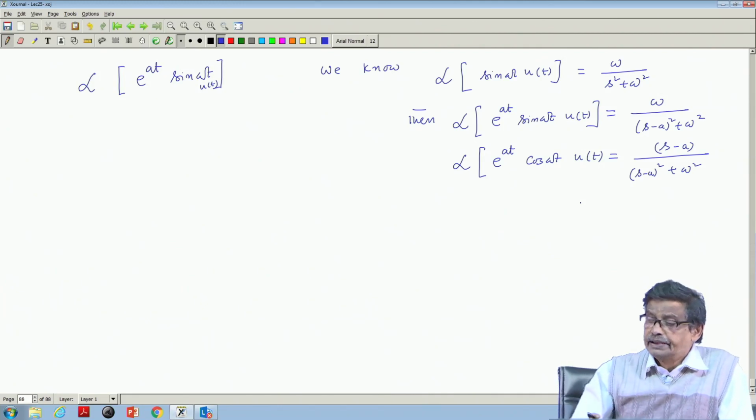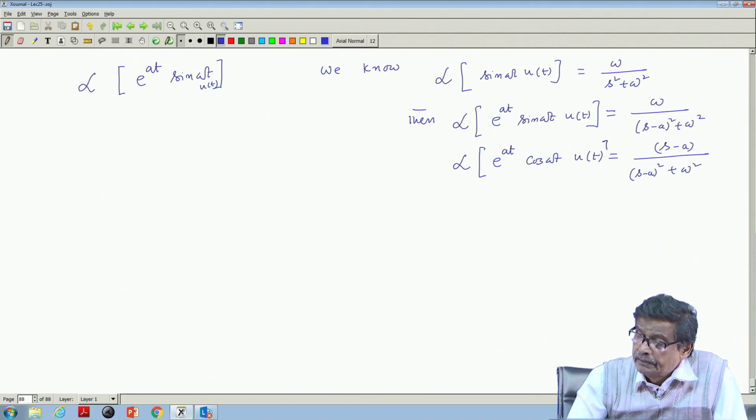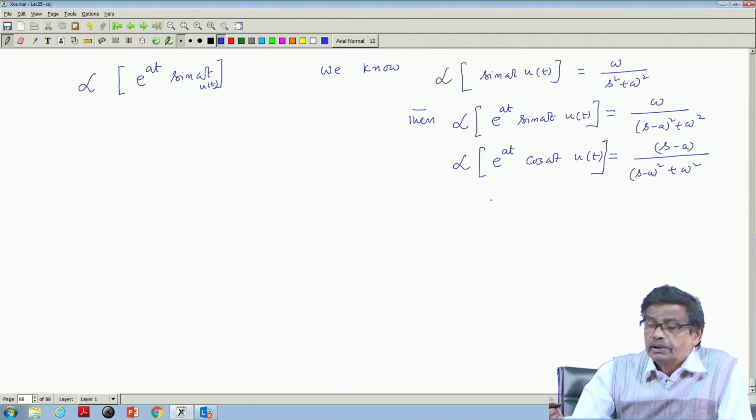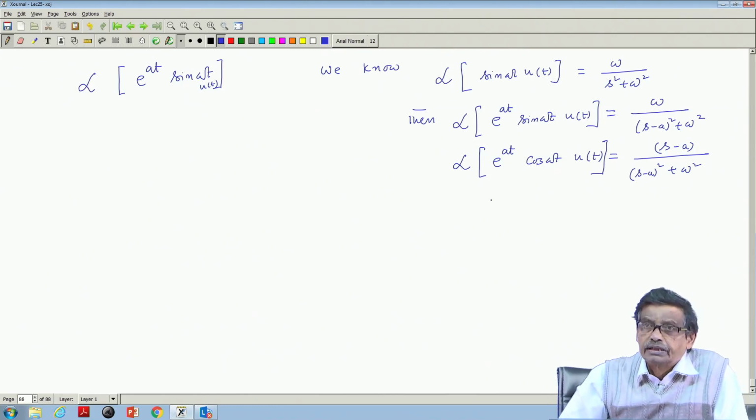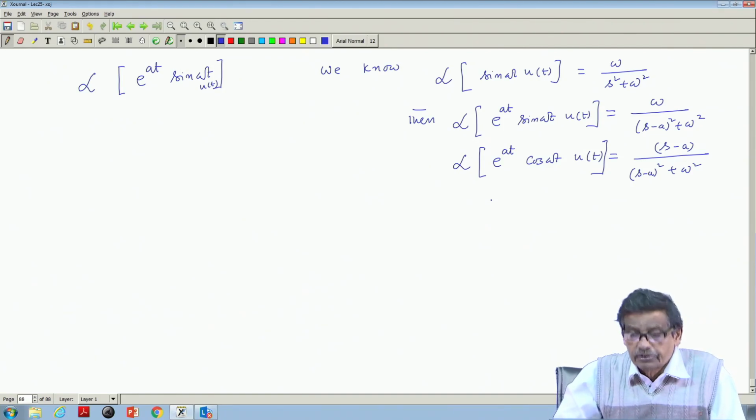Now, what is the idea? The idea is, I will take the Laplace transform of a given differential equation and it will result in an algebraic equation, and then whatever output I am interested in, I will take the Laplace inverse of that.